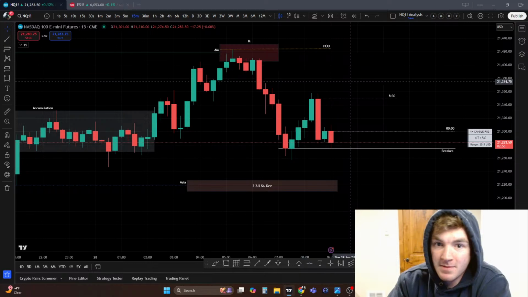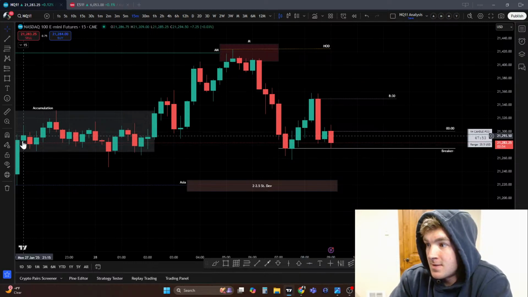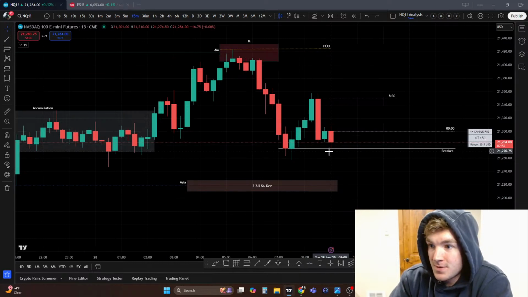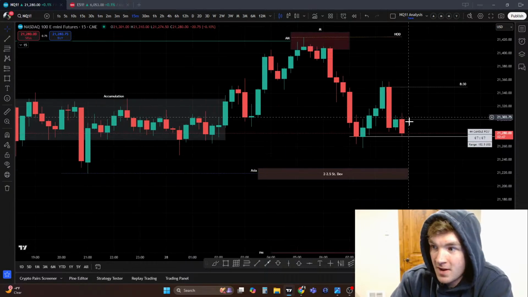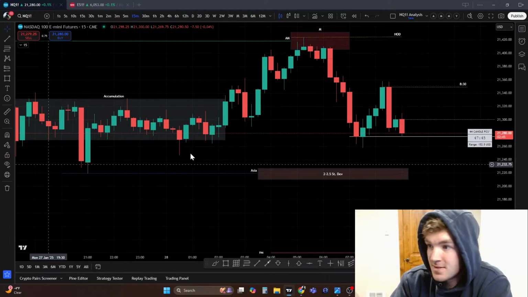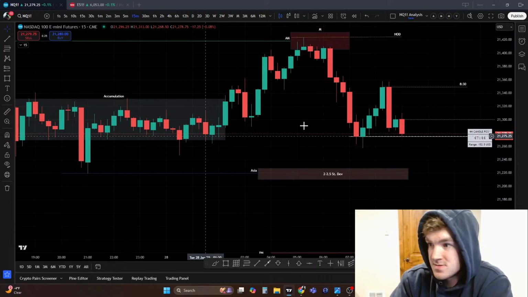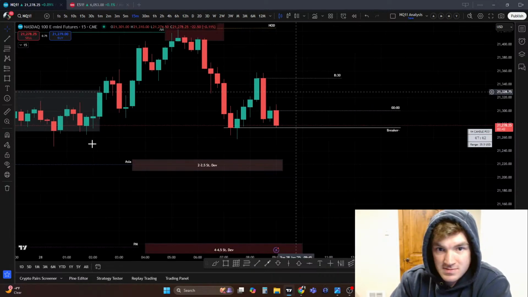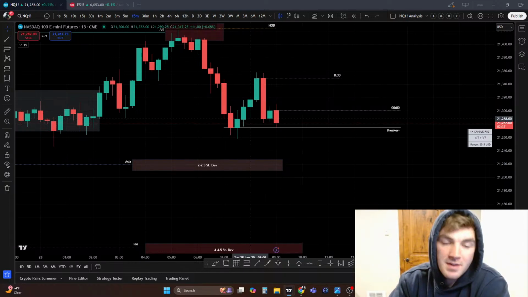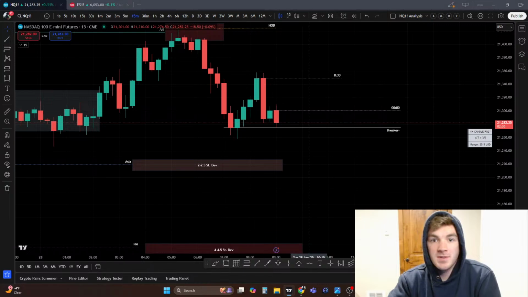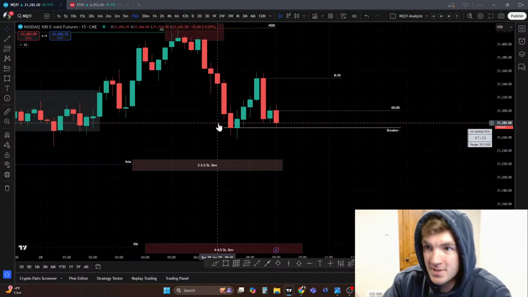Basically, what I'm looking for is once we close below this 15-minute down close candle, then we'll get a change of state of delivery. I'll enter on that retest, or I might enter just on, I don't know. I'm still trying to figure out exactly what I'm gonna do, but I do think this is a sell model, right?